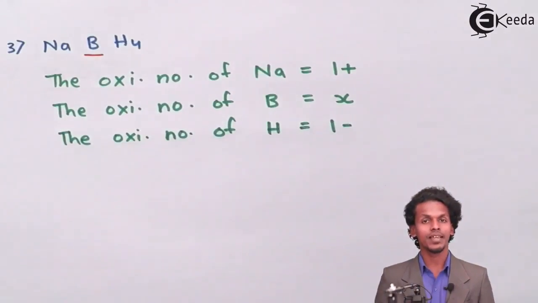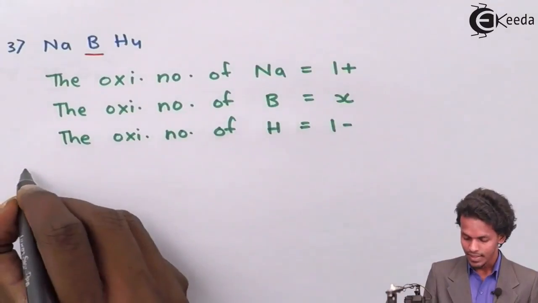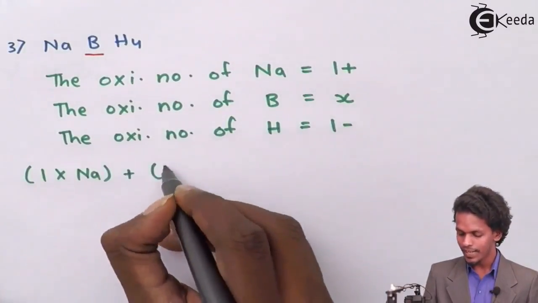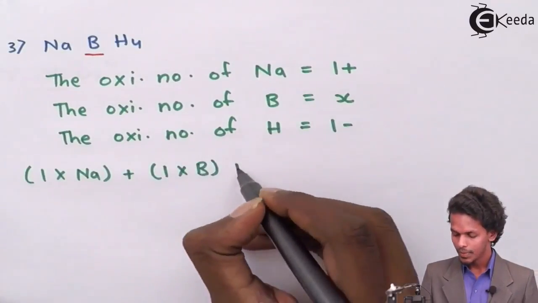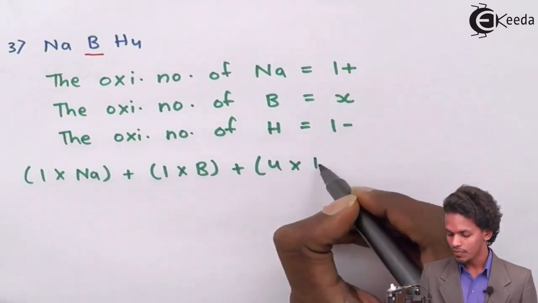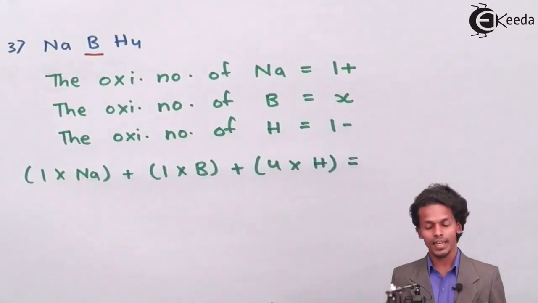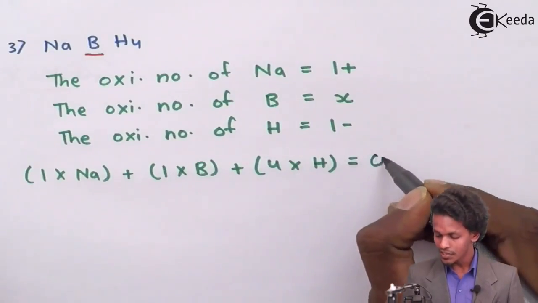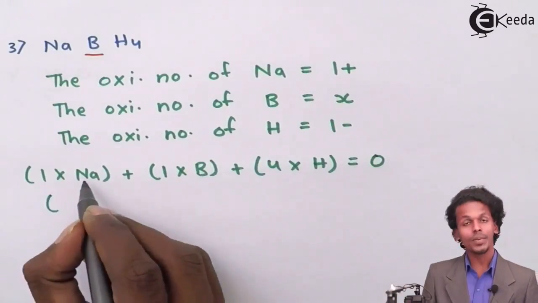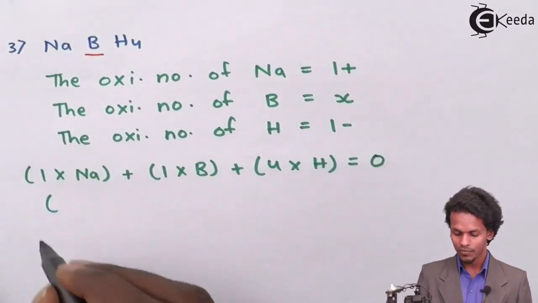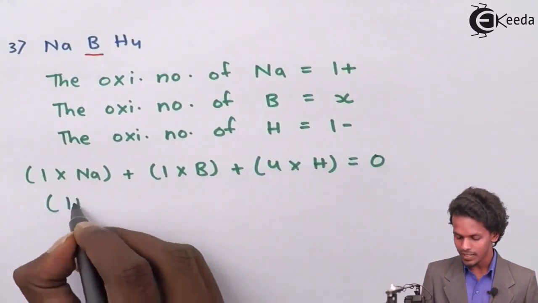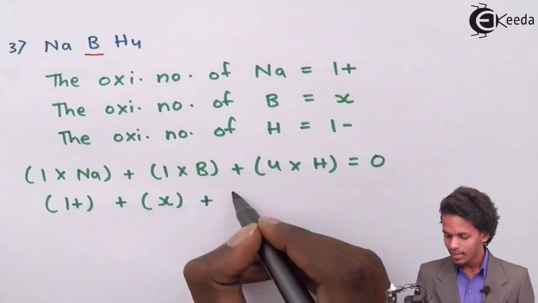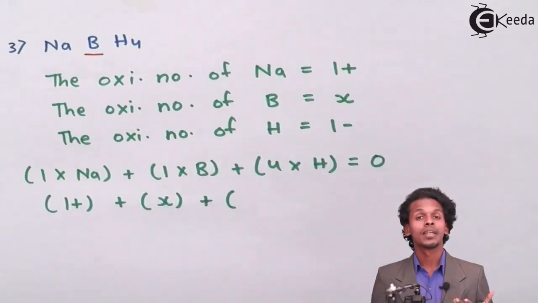So by the help of the equation, we could calculate that there is only 1 sodium present, plus 1 boron, plus 4 hydrogen atoms, which is a hydride molecule, and the overall charge is 0. The charge on sodium is plus 1. So 1 into plus 1 is 1 plus itself, plus boron I have taken the value as X, and hydrogen in this case is 1 minus.